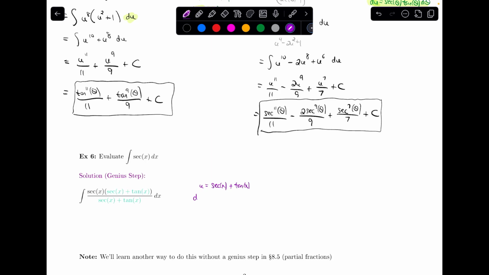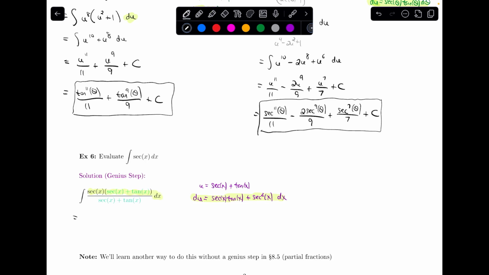And if I do that, then du is secant x times tangent x plus secant squared x dx. And why that's nice is now in the numerator, if I distribute secant x to each of these terms, that just becomes du precisely. So the numerator just becomes du, and the denominator is just u.